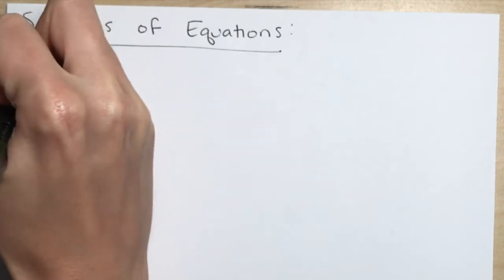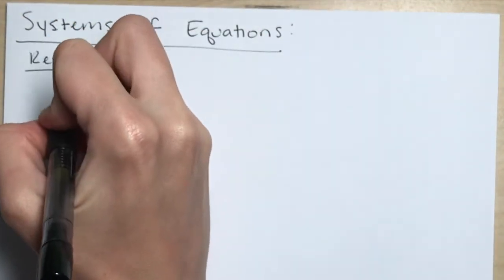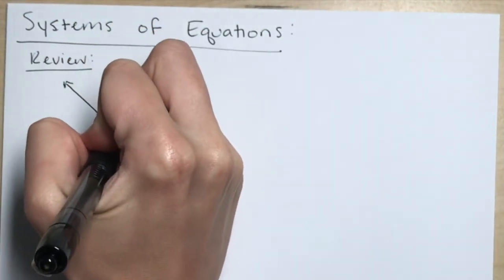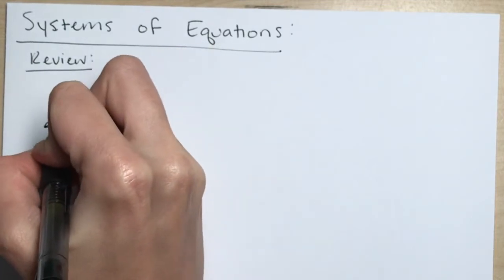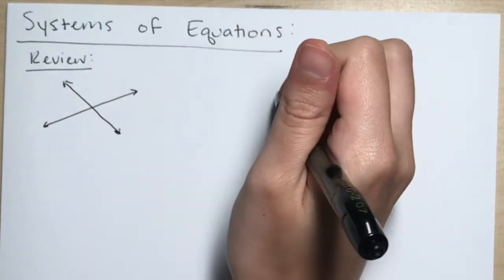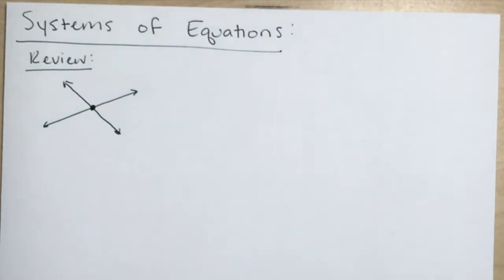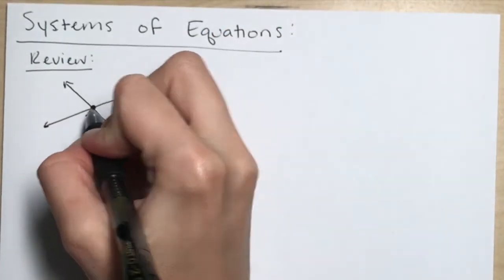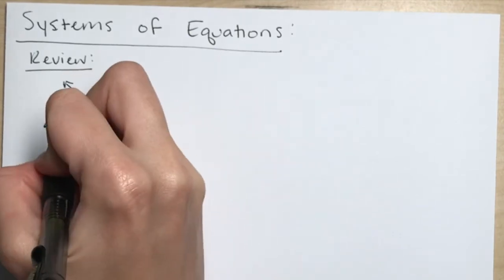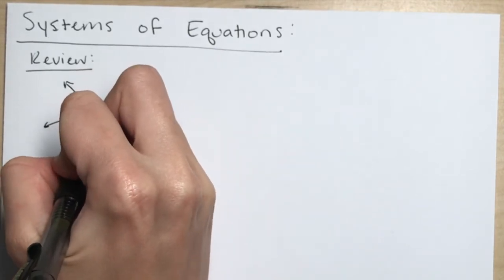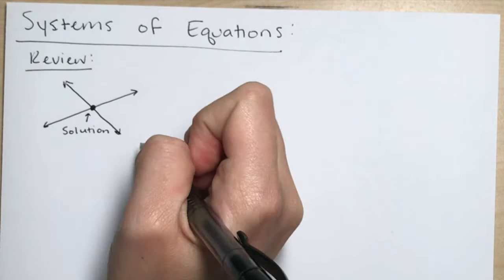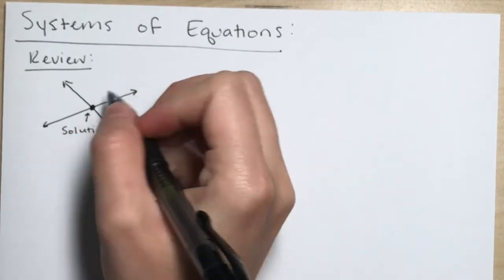So if you'll recall, we had three situations with linear systems. We're only going to be working with linear systems in this lesson. We had this first type of linear system where we had one solution, right? They intersected once and the solution was the intersection.